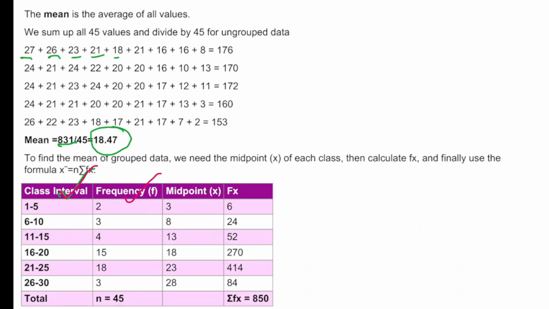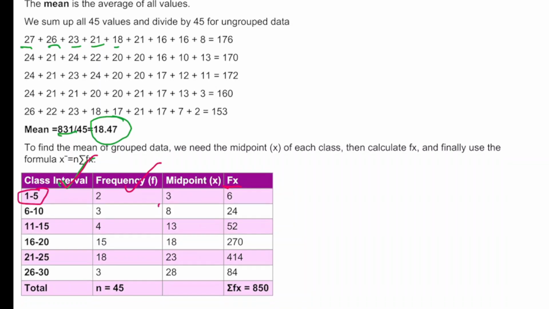What is the midpoint? For 1 to 5, the midpoint is 1 plus 5 divided by 2, so this is 3. You continue, and then you get your fx, the x times f, and you get a total of this, the sum of fx.